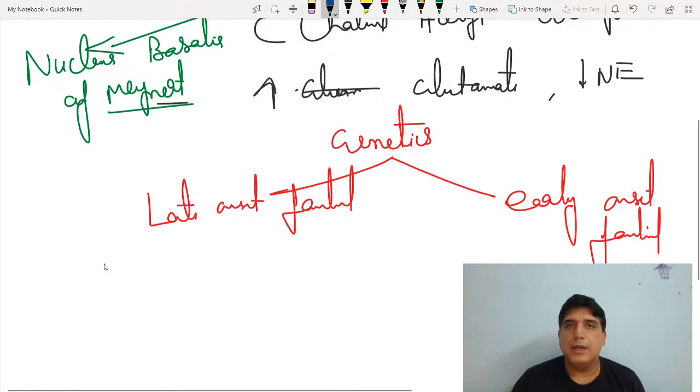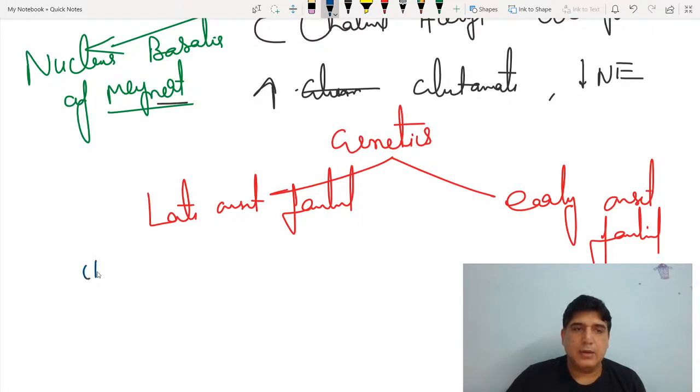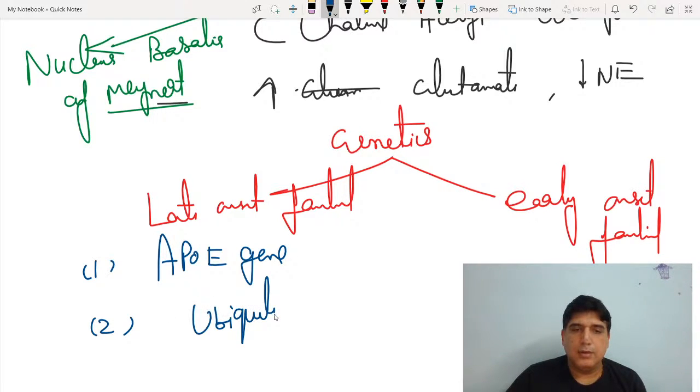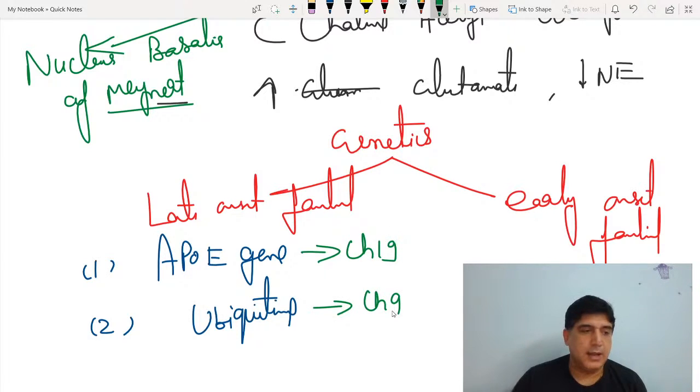These are outdated terms now. In late onset, two genes you have to remember: ApoE gene and ubiquitin. ApoE gene is chromosome 19, ubiquitin is chromosome 9.